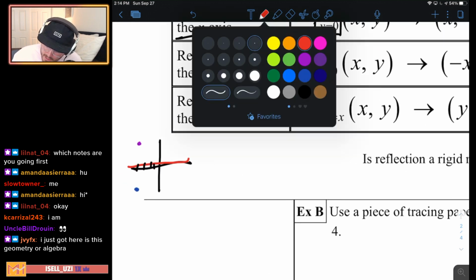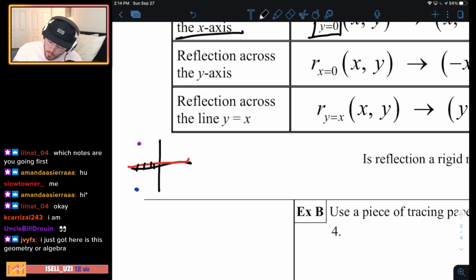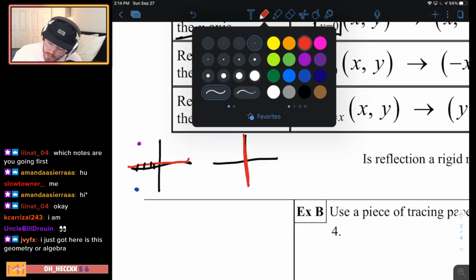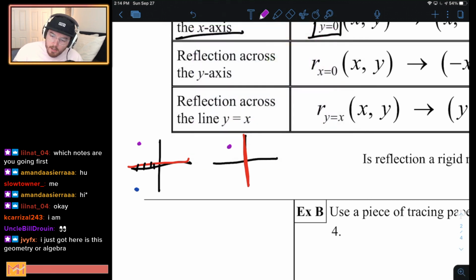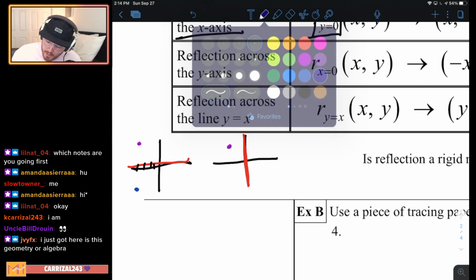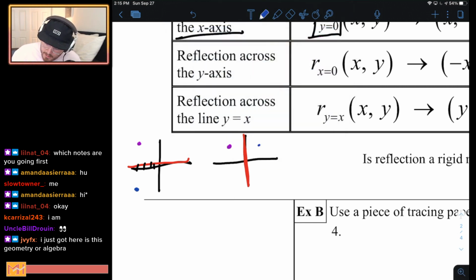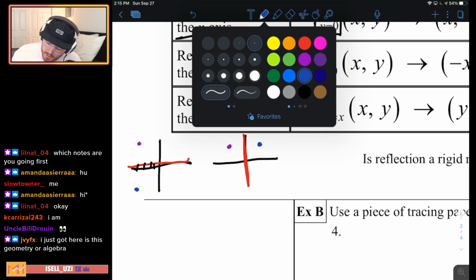Let's imagine this again, except with the y-axis. So here's our coordinate plane, and there's the line of reflection. Let's say a point is right here. When it flips across, it's going over to this side. And what's happening there?